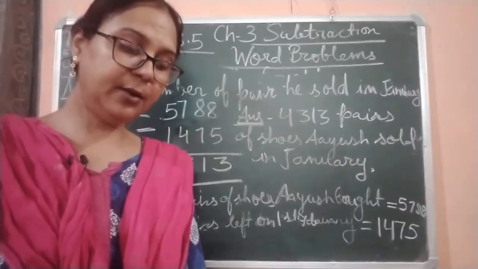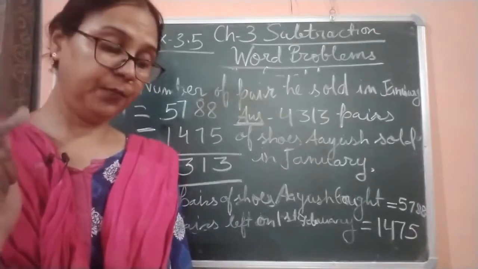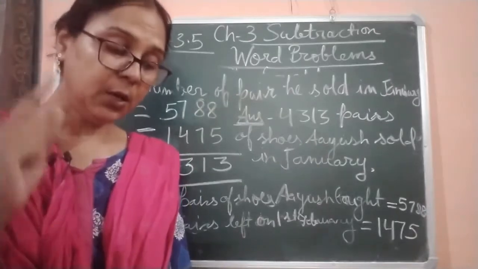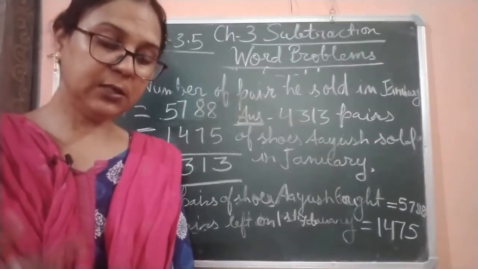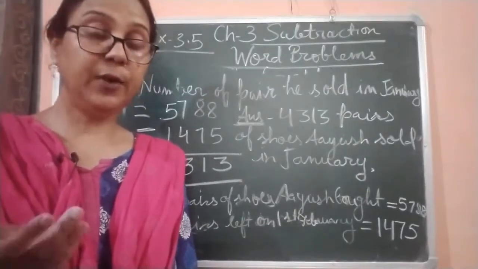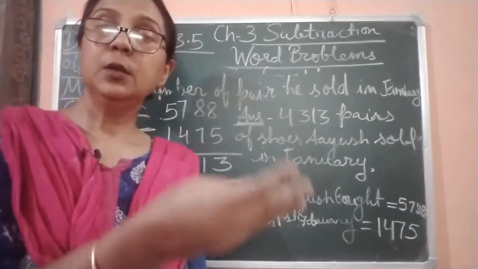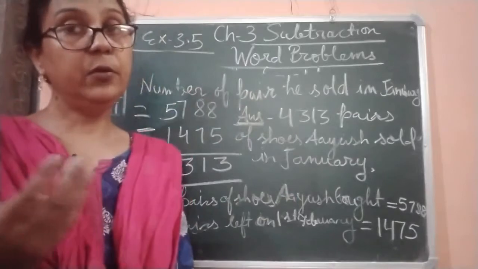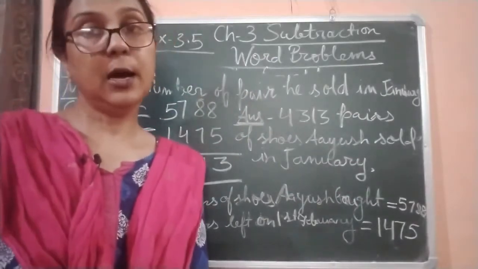Ritu alone collected 285, out of 451. How many coins did Vicky collect? So when we subtract 285 from 451, then we will get how many Vicky had collected.